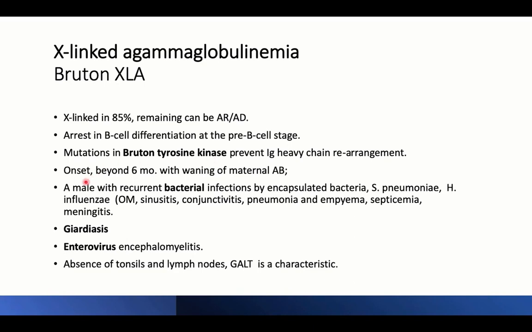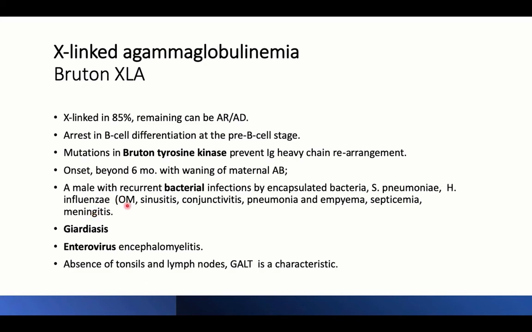So we expect the onset of this disease to be beyond 6 months of age, after waning of the maternal antibodies normally transferred transplacentally, and so a male presenting with recurrent bacterial infections, by encapsulated bacteria specifically, including the pneumococci, Haemophilus influenzae, and the meningococci.